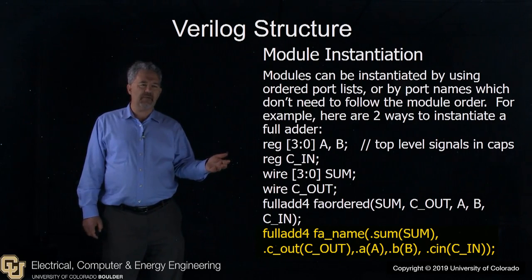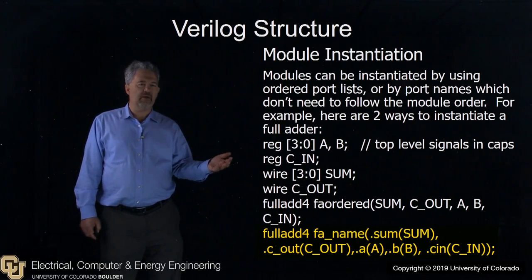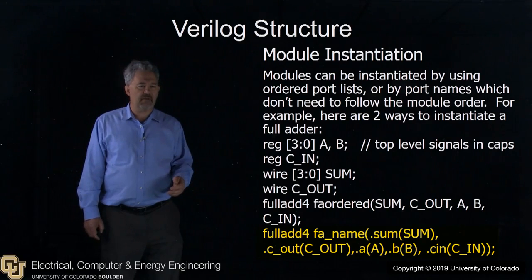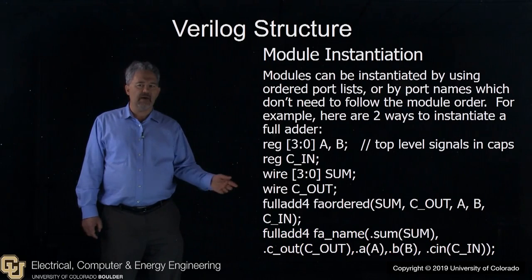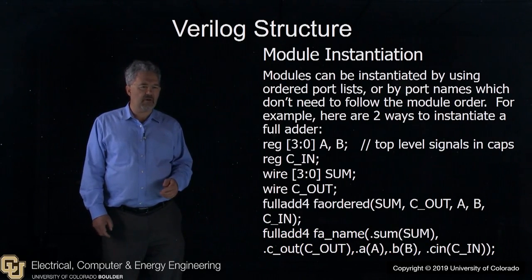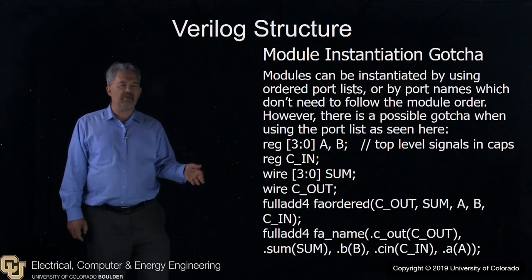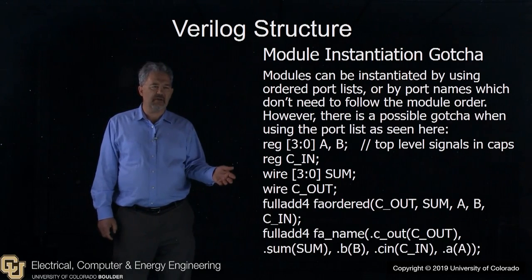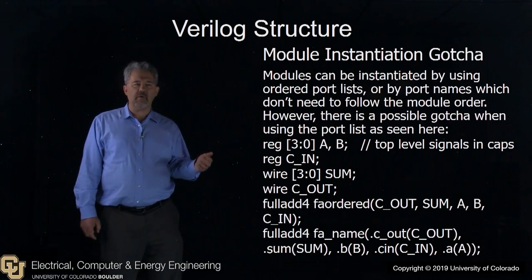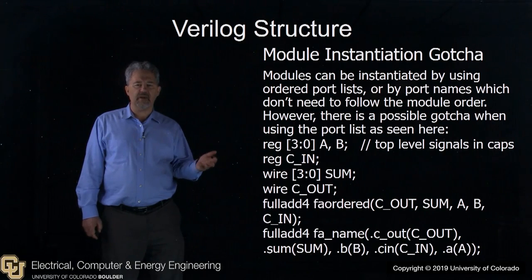So you could have sum, and then you could have something called sum1 or output or something like that if you wanted to. And it will still make that one-to-one correspondence. Not the case when you're using an ordered set, though. So the problem with the port list way of instantiating modules is that if there's a swap in the order of the list, the outputs are then going to be wrong.